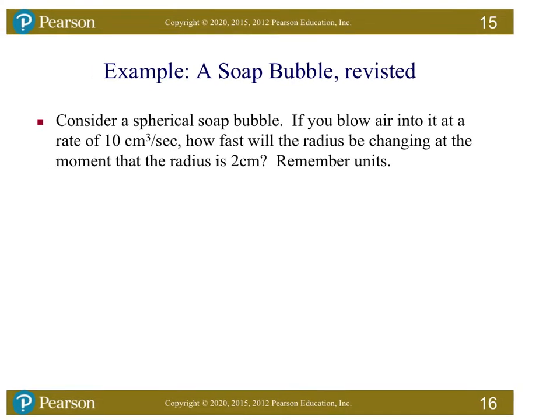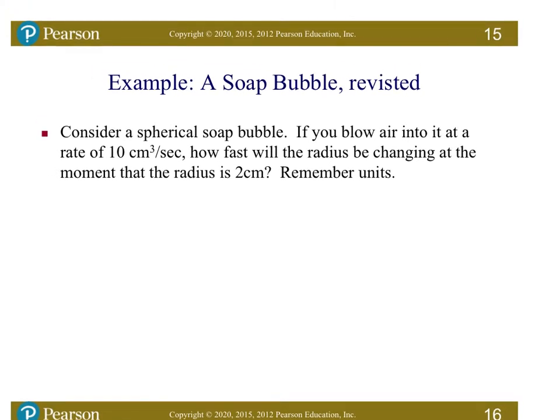So we're going to go back to a problem we started the other day, the spherical soap bubble. This is a three-dimensional bubble. The geometry of this was the volume. The volume of the soap bubble is 4/3 pi r cubed. That's our geometry.